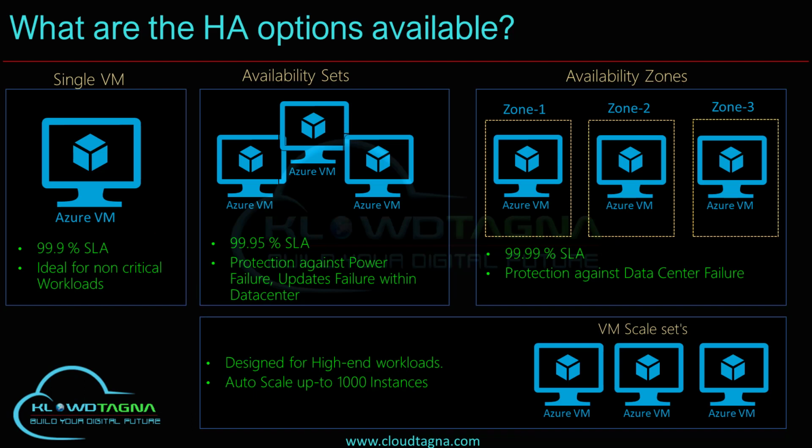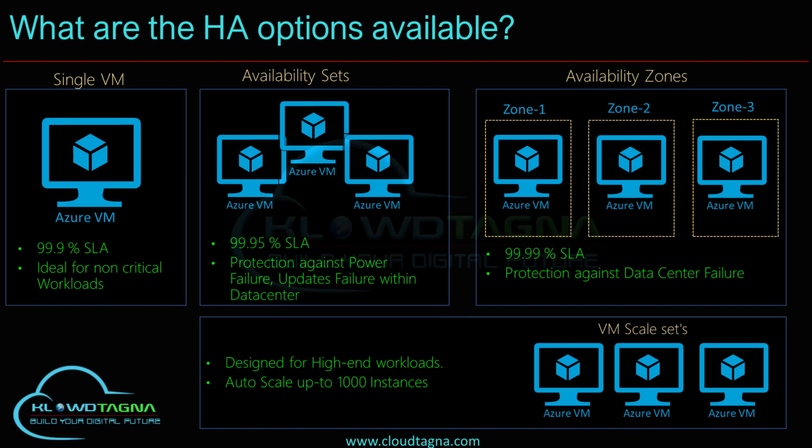In case your application needs a higher SLA like 99.95% or 99.99%, then you should place your virtual machines under the respective availability options. If you place your virtual machine under an availability set, then your machines are protected against power failure and update failure within the Azure data center.